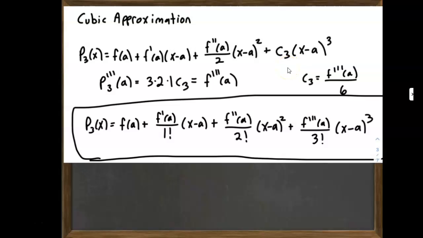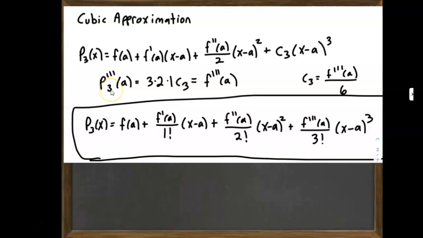Now, we still want the same requirements from before: p of a to be equal to f of a, the derivative and the second derivative to agree, and they will. We also would now like, since we have a cubic polynomial, the third derivative to agree with our original function.